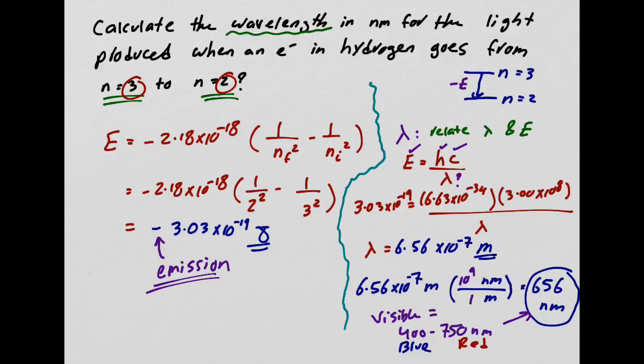This beautiful equation only would work for a hydrogen atom. It would not work for anything else because a hydrogen atom has only one electron. When you put the second electron in there, there's got to be a better model than this. Okay, I just had to leave you with that, and I will talk to you guys next time.